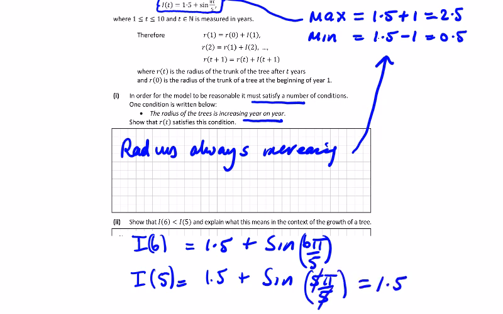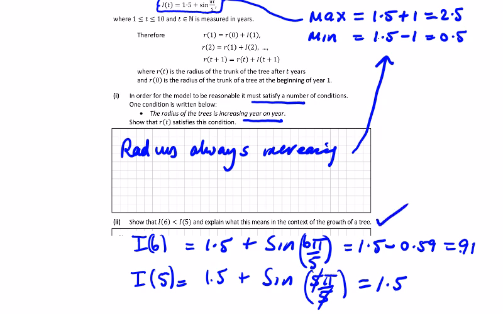So that's in year 5. Year 6, I'm getting 1.5 minus 0.59, which is equal to 0.91 of a centimeter. So I of 6 is less than I of 5, yeah.